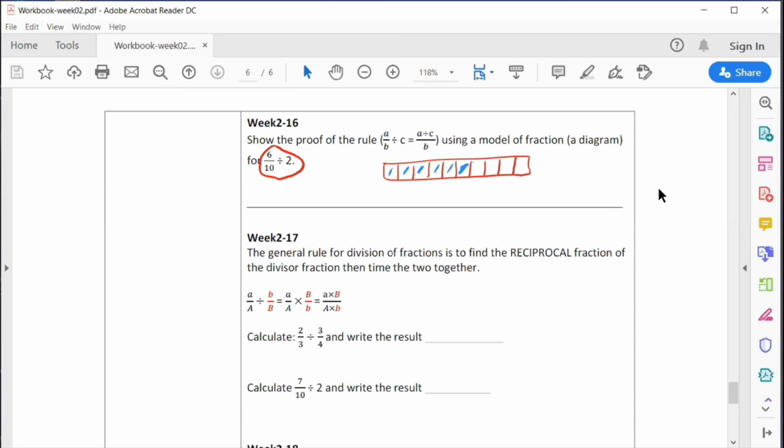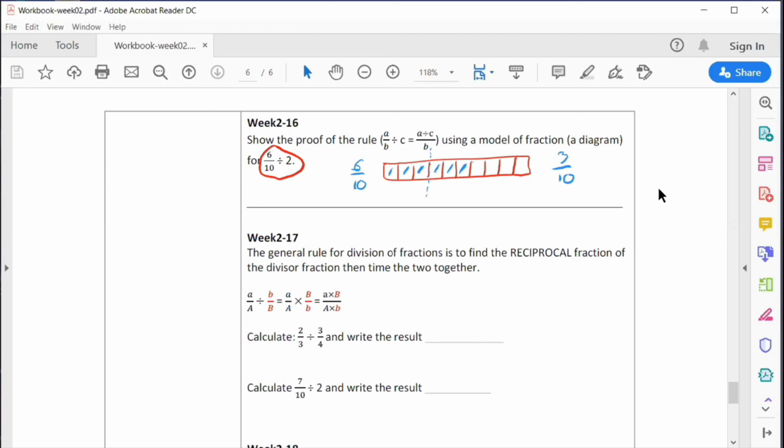So that's 6 out of 10. If we divide by 2, split it down there, that becomes 3 out of 10. Therefore, it means that you just chop it. Great.